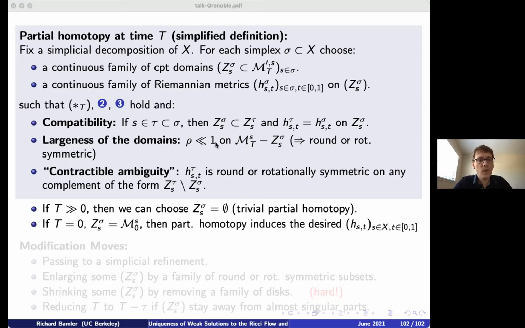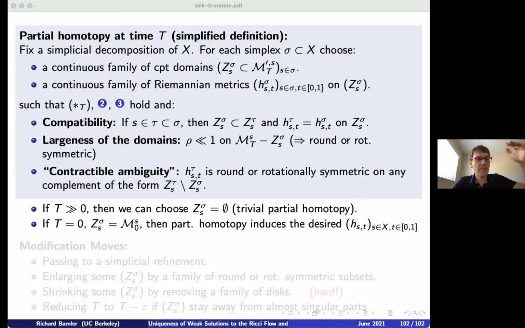If all the C sigma S are equal to M, then we can just fit together all these H sigma S T to give us the desired H S T over M. So in other words, a partial homotopy at time 0 implies the existence of a family of metrics H S T.